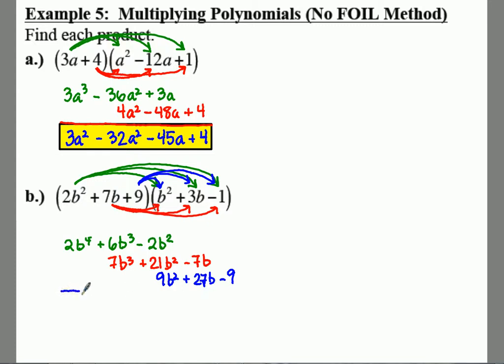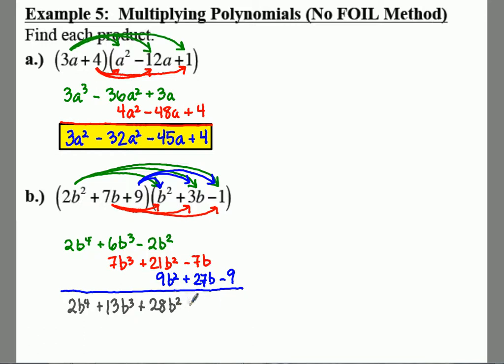So what I can do is just add these all straight down. So 2b to the fourth plus nothing, 2b to the fourth. I have a 6b to the third plus a 7b to the third. That gives us 13b to the third. Negative 2 plus a 21, so that gives us 19. 19 plus 9 is a 28b squared.